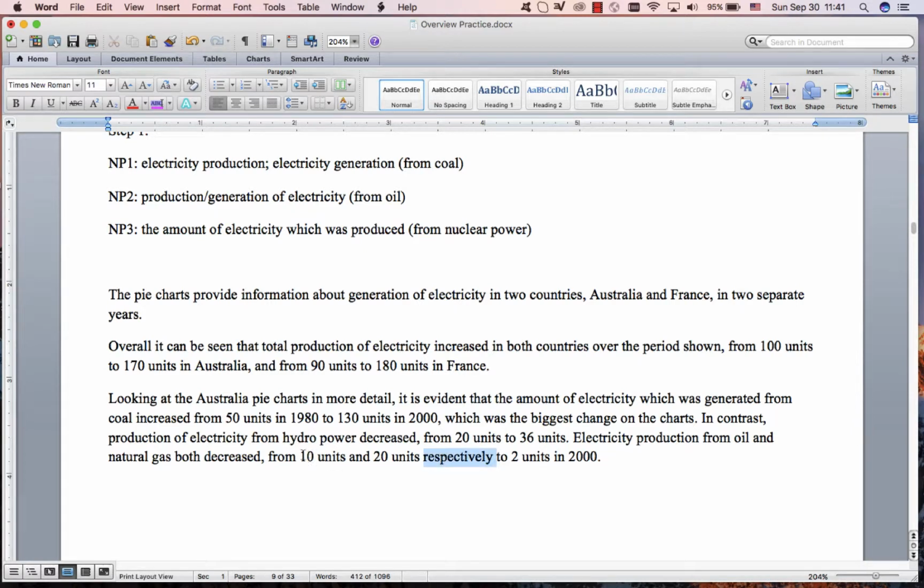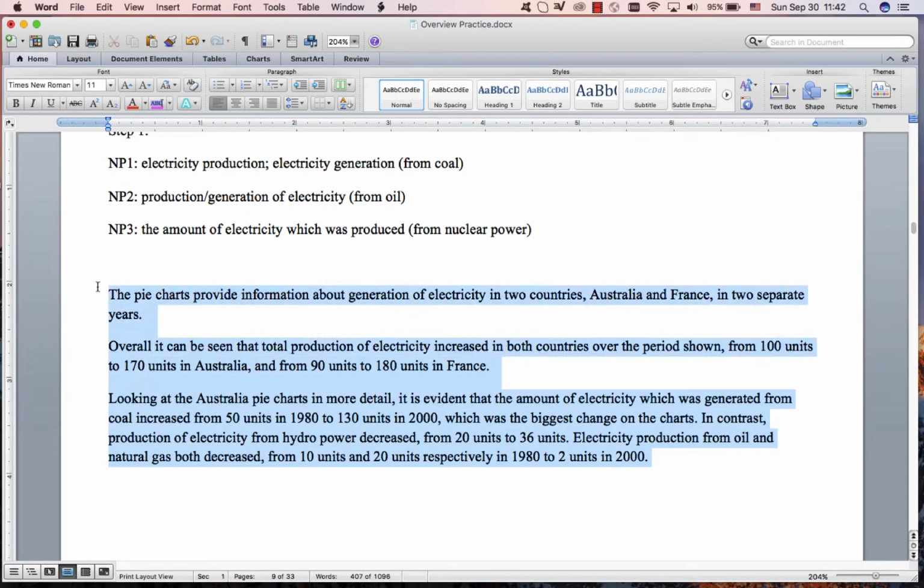So that means that this belongs to this and this belongs to this. That's what that respectively means. Try and use it if you can. It means you put, actually I've got 4 data points in this one sentence. I could have put in 1980 over here. Fine. Great.